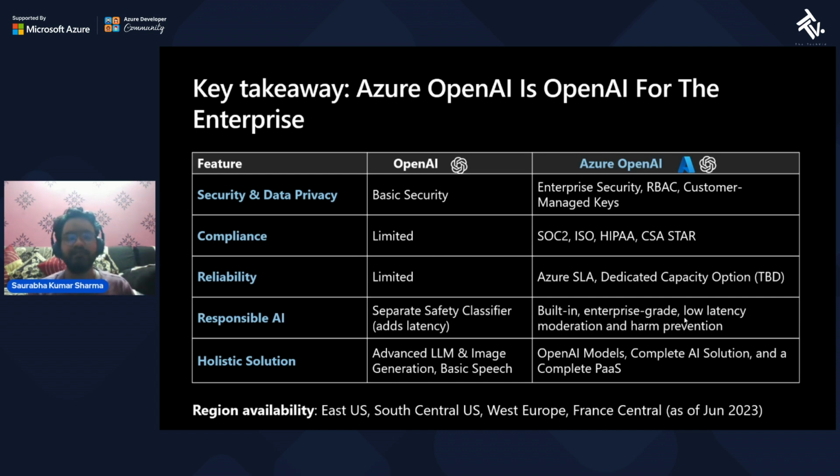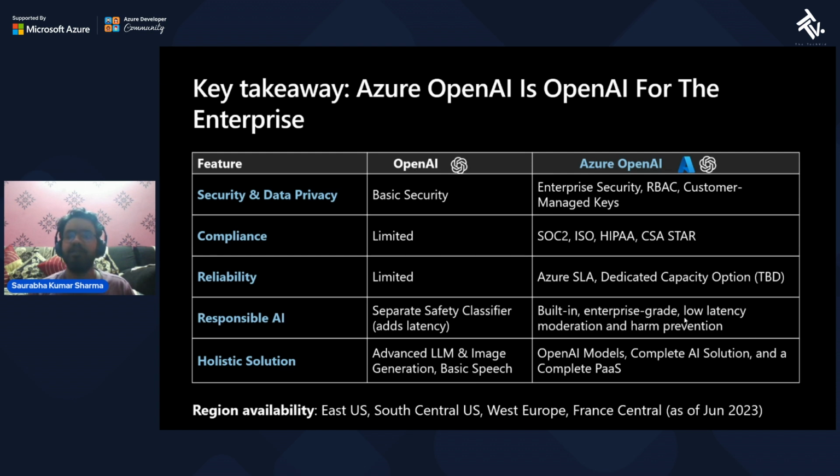OpenAI gives you some sort of basic security. If your data needs much more security, or you are thinking the data can be leaked over there, then you can directly go with Azure OpenAI.